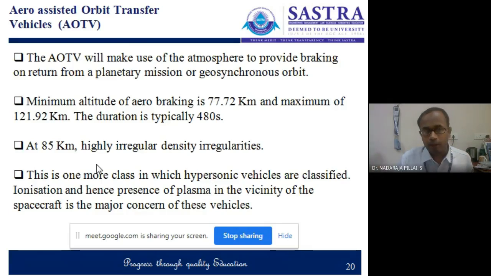As I told in the previous class, it is not only aerodynamics but aerothermodynamics, and chemically reacting flows need to be considered in studying this hypersonic flow, right?